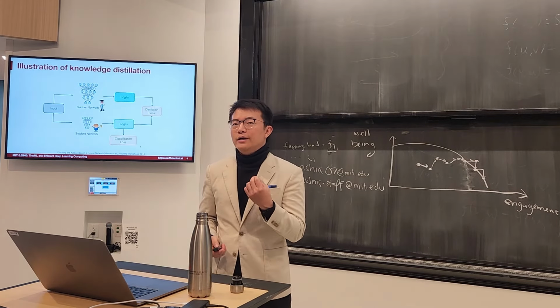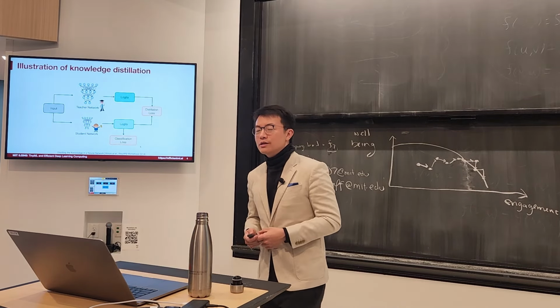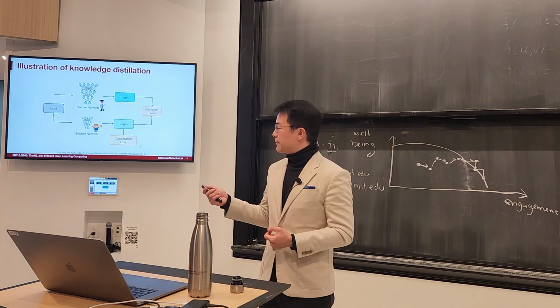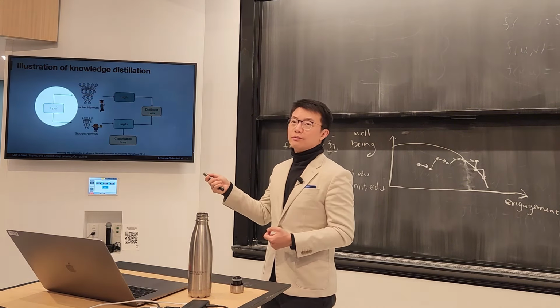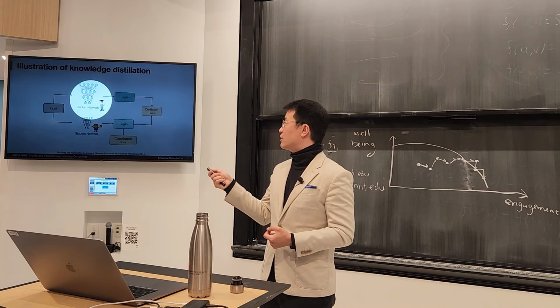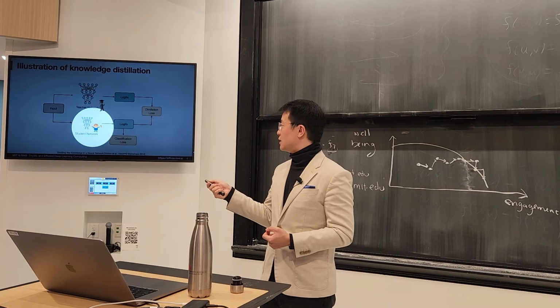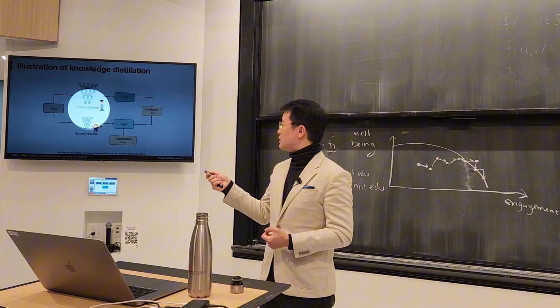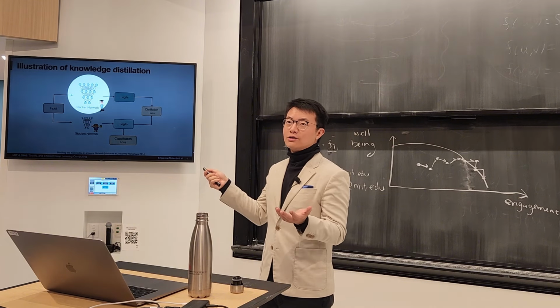Okay, so this image is the illustration of knowledge distillation. First of all, we share the same input. The same input is fed to both a larger teacher network and a student network. The teacher network is usually larger, like Llama 2 70B.